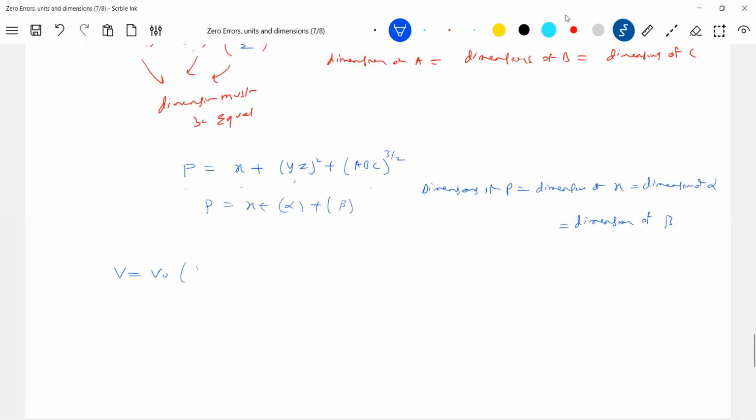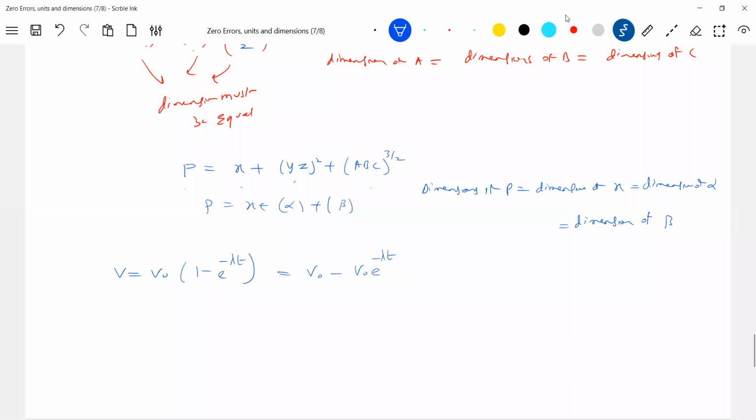V equal to V naught e to the power of minus lambda t. So let me expand this, V naught. So what should be the condition? The dimensions of V should be equal to the dimensions of this, and what should be the dimensions of this one?